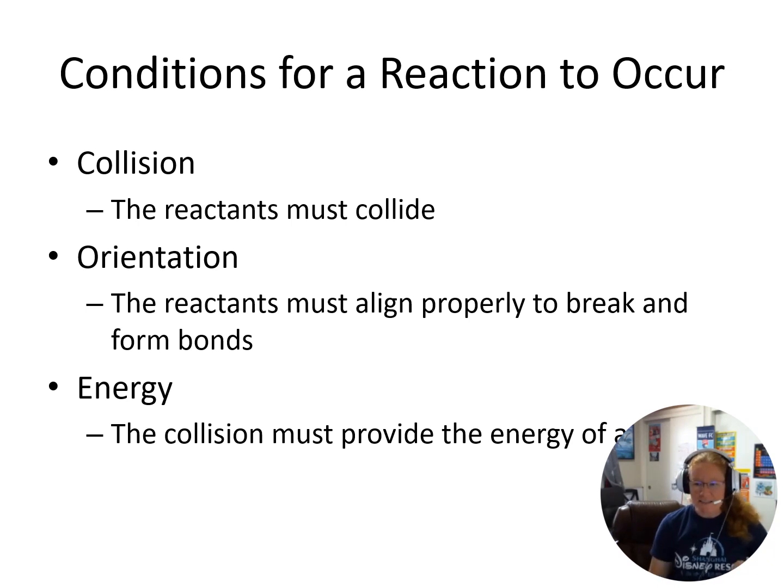All right, if I need to break one bond and I need to form a specific new bond, if the wrong two things smash into each other, that new bond is not going to form and my reaction's not going to happen. And that collision needs to give enough energy for that activation energy. So that activation energy is the amount of energy it takes to get that reaction to go. So I need enough energy for that.